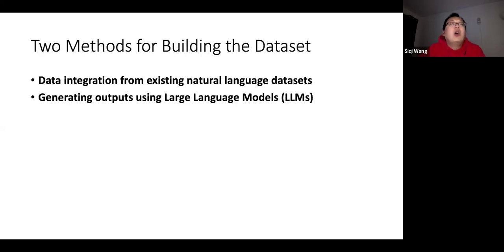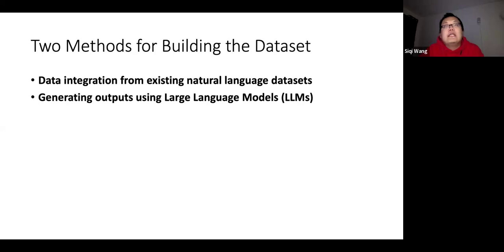So how do we build this dataset? There are two main ways. The first way is data integration from existing natural language datasets. We can take datasets that already exist and convert them into an instruction-output format. For instance, let's say we have a dataset where the task is text classification.